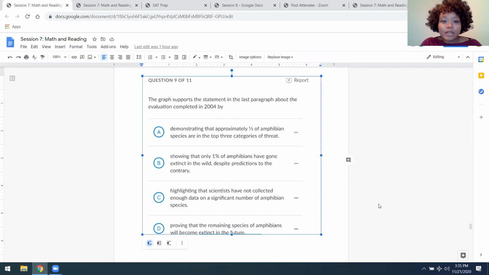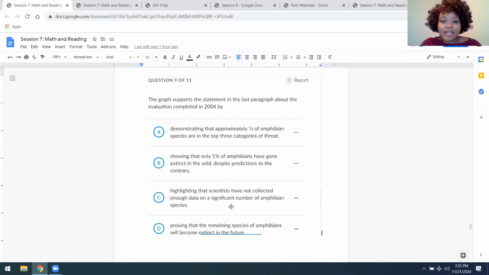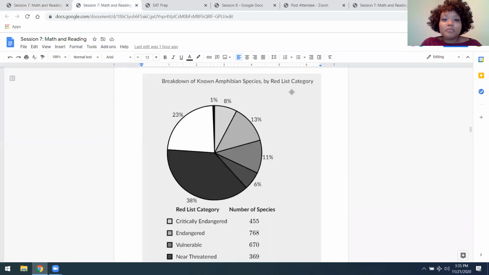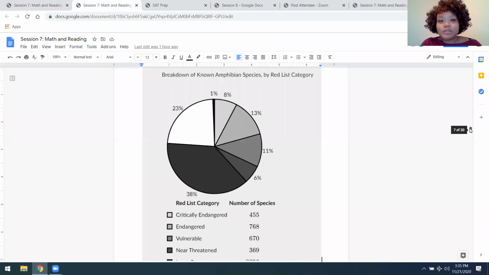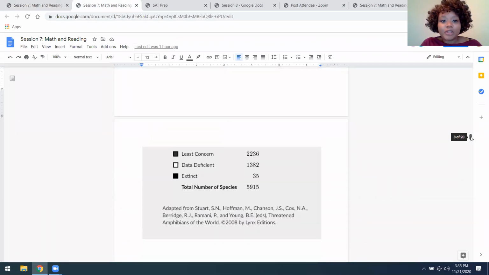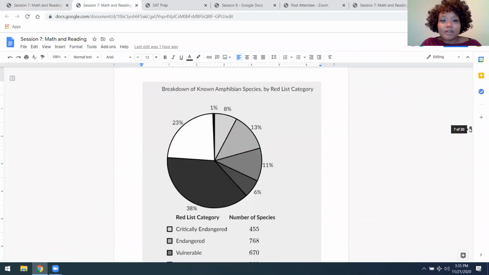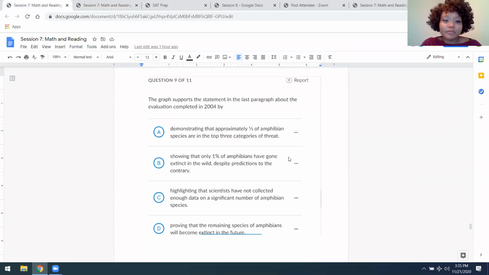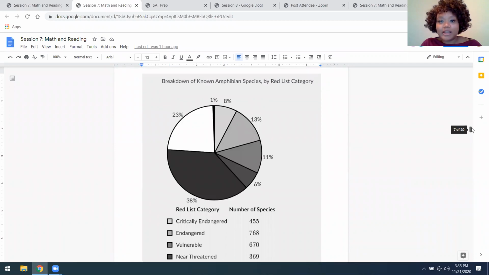So answer choice C, highlighting that scientists have not collected enough data on a significant number of amphibian species. No, it doesn't. The graph doesn't really show that. The graph shows what they have collected data on, so you can scratch C out. So D, proving that the remaining species of amphibians will be extinct in the future. No, it doesn't really say that.